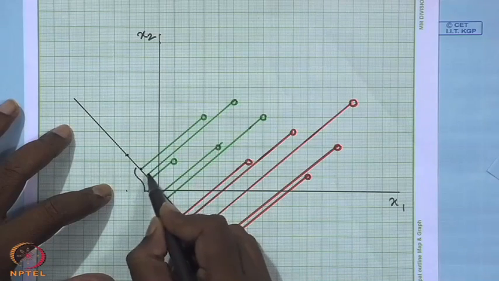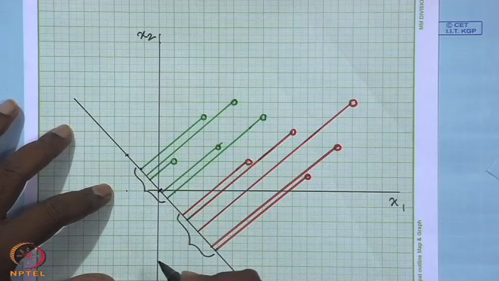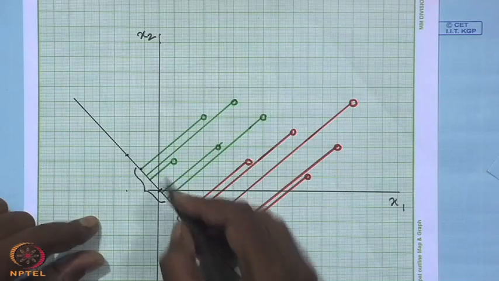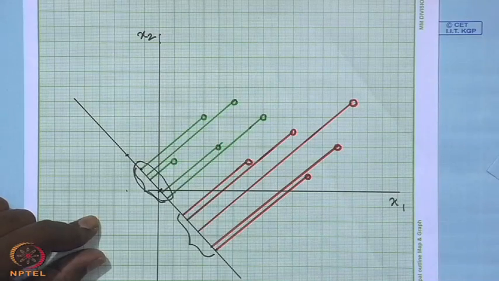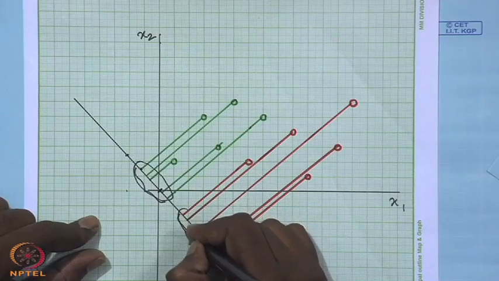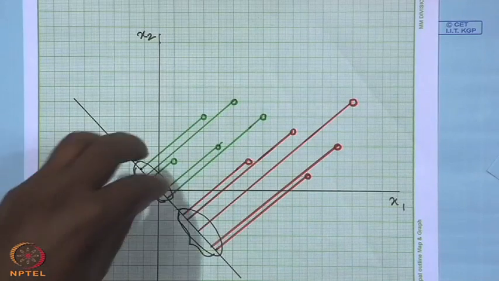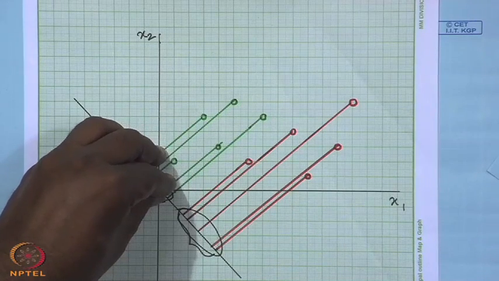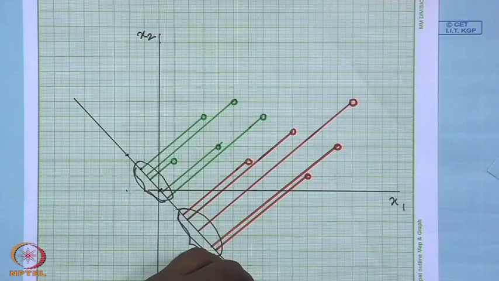If I take the distance of these points from the center, I get a set of scalar values over here, and I also get a set of scalar values over here. I take this set of scalar values to belong to one class, and this set to belong to another class.